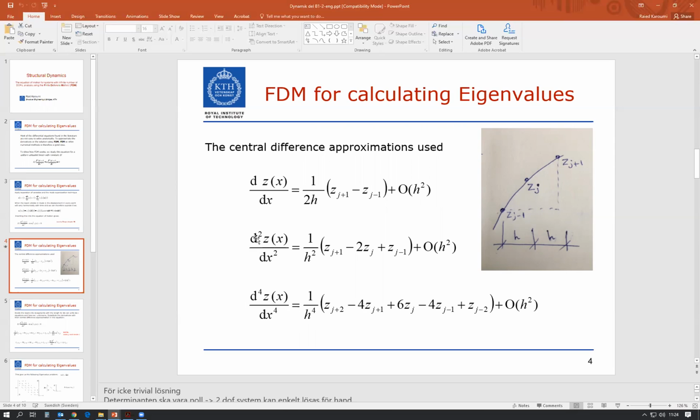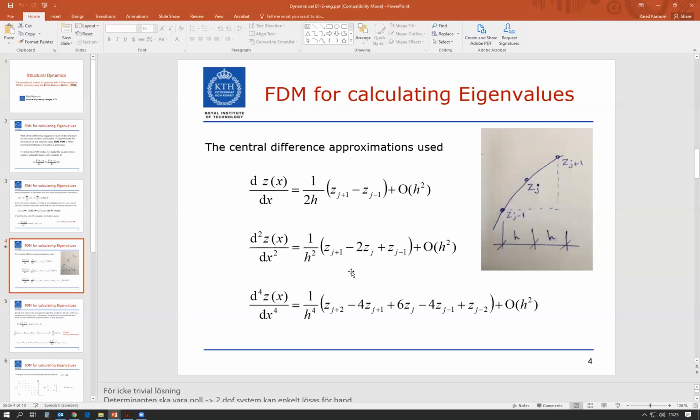So you will always get points outside. If the moment equals 0, then it's this equation, moment equals 0, and then you have one point outside of the beam. If it's the slope, then it will be d to the power of 3, d3z over dx3. You have to get the approximation.